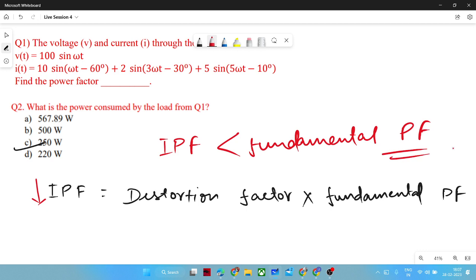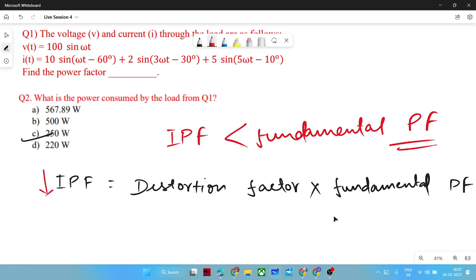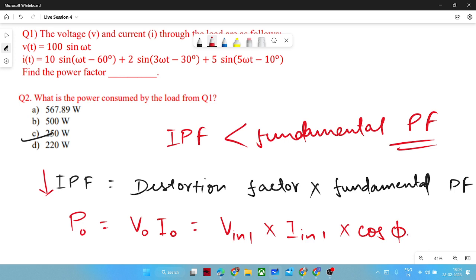So first we will see what is the input power factor from the power perspective. We just now agreed that our output power will be V naught I naught, that will be V in fundamental into I in fundamental into cos phi 1.